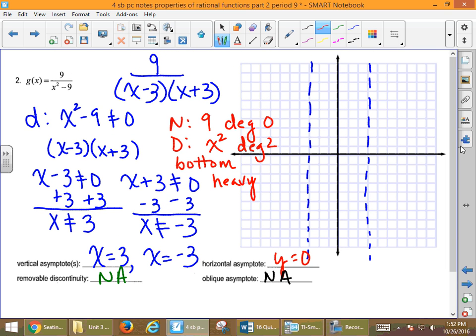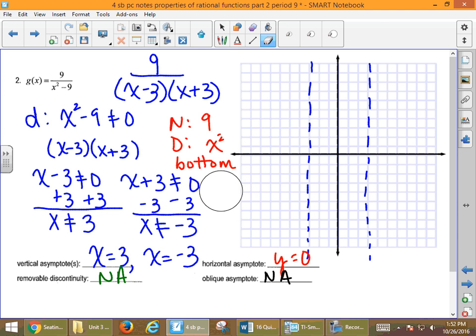I'm going to erase my degrees so that we can go ahead and graph this function. When we put in our horizontal asymptote, in this case it's the x-axis. And now let's go back and look at our picture.